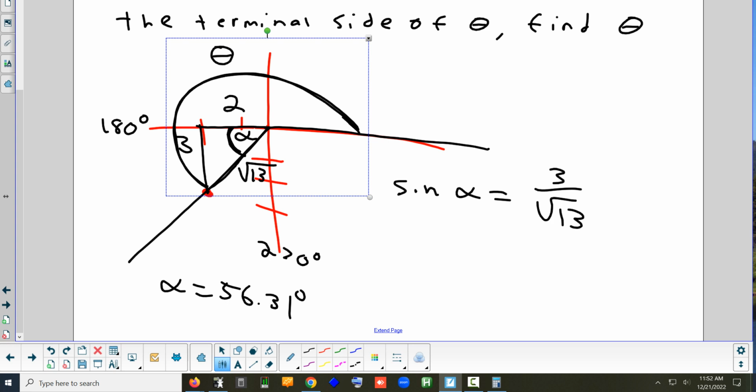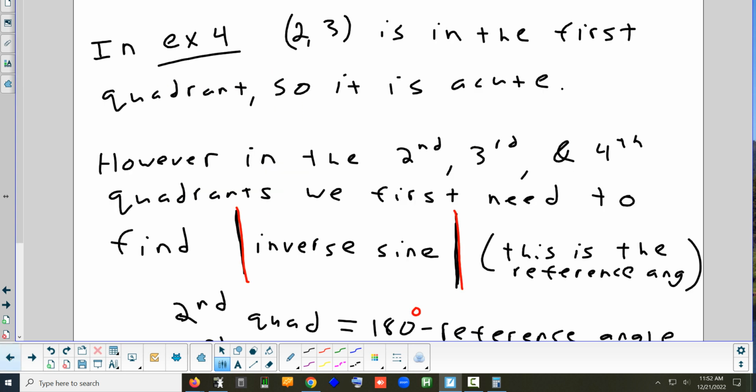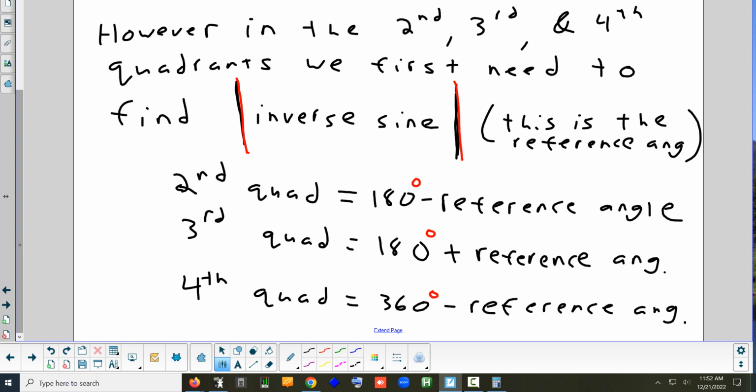So how am I going to get that? Wait, sorry, how did we know that? Right, we're in the third quadrant. So we know we've gone at least 180, but we've gone past it exactly alpha units. That's how much past it we've gone. So 180 plus my reference angle. That's why quadrant 3 is 180 plus reference angle.